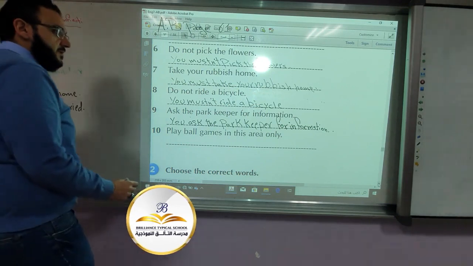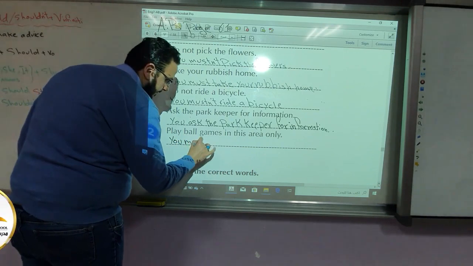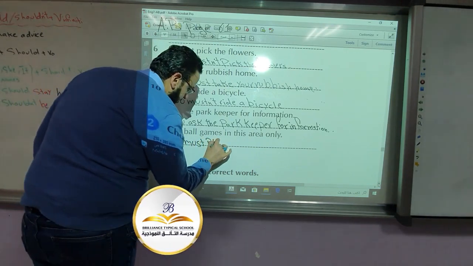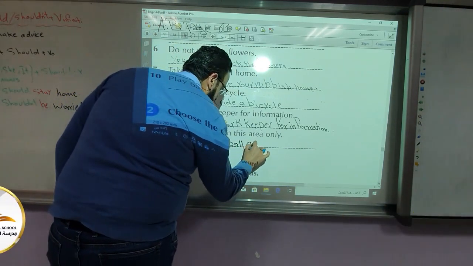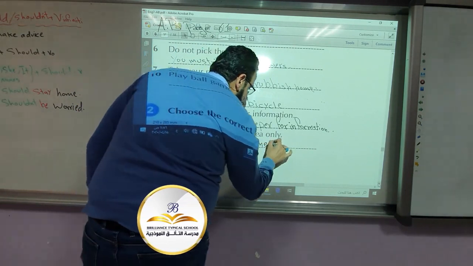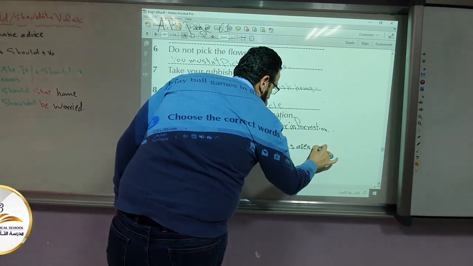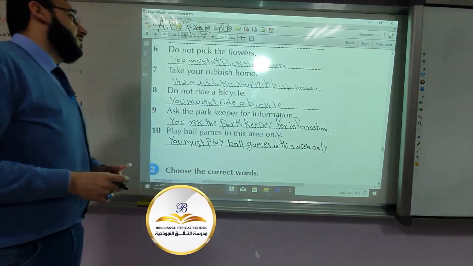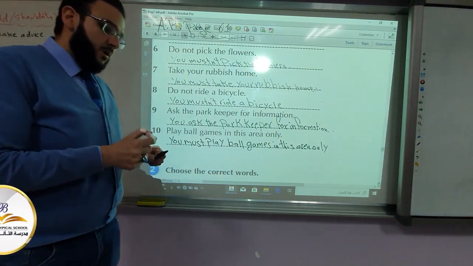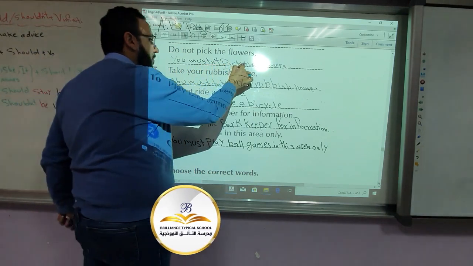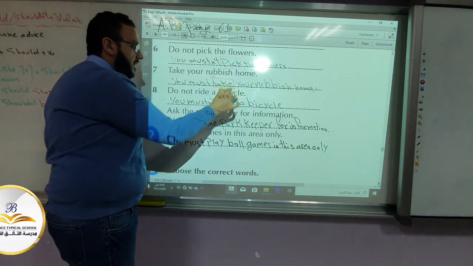Play board games in this area only. You must... As you see, here we make a quick revision for must, mustn't, and always remember we put the infinitive or base form verb after must, mustn't. Look at the example.